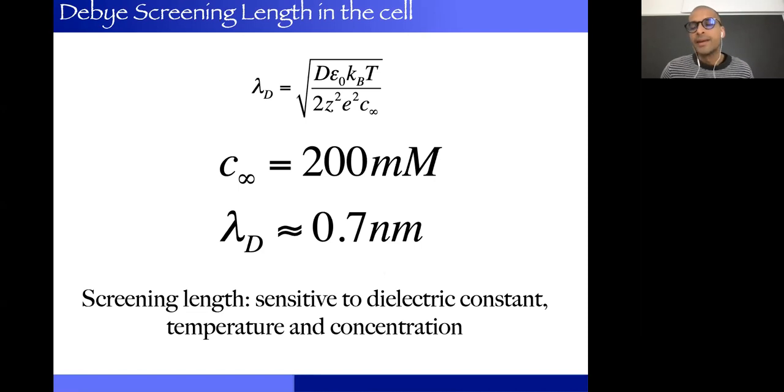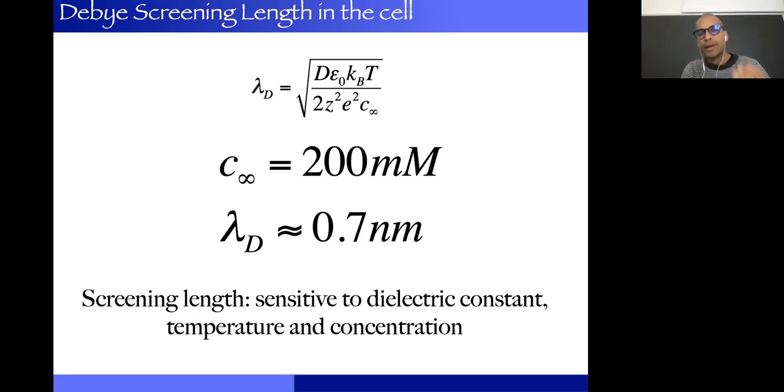So it's very similar to the Bjerrum length. Essentially, the physics behind the screening length associated with ions must be, and should be, very similar to the screening of two charges in solution.